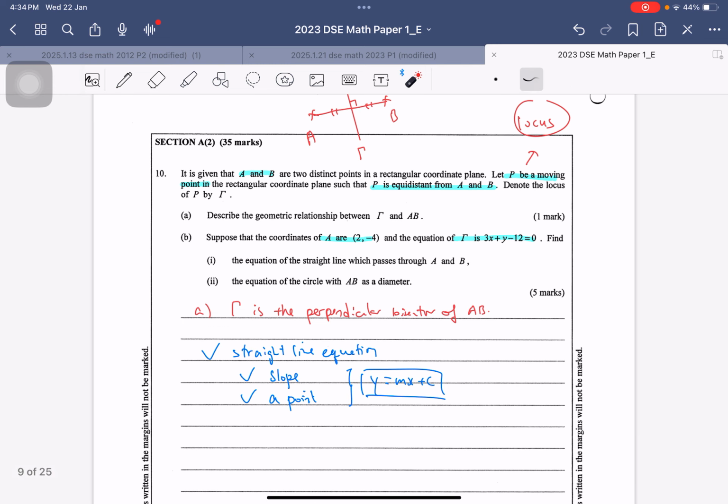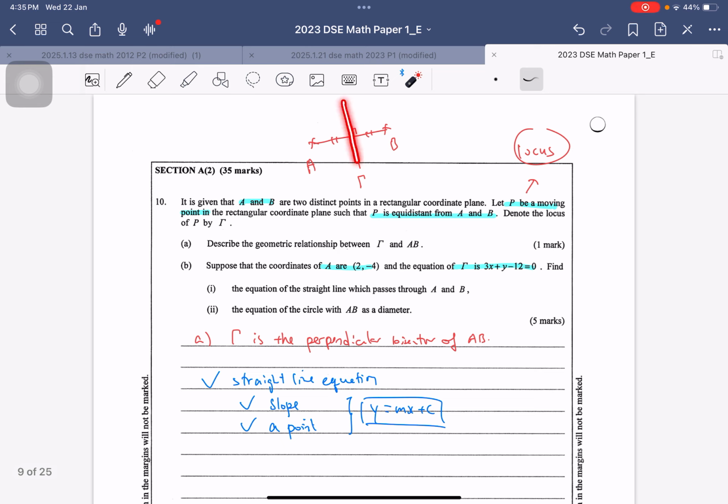But do we now have the slope of AB? We don't. But we can find it using the equation of the locus, by using the product of the slope of AB times the slope of the locus equal to -1, because they're perpendicular.